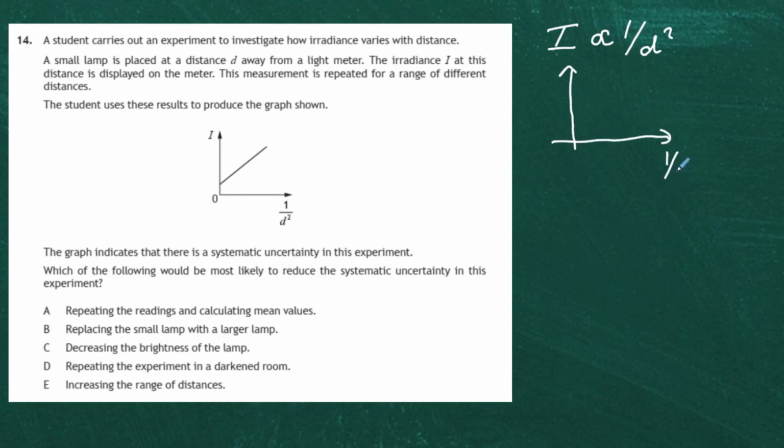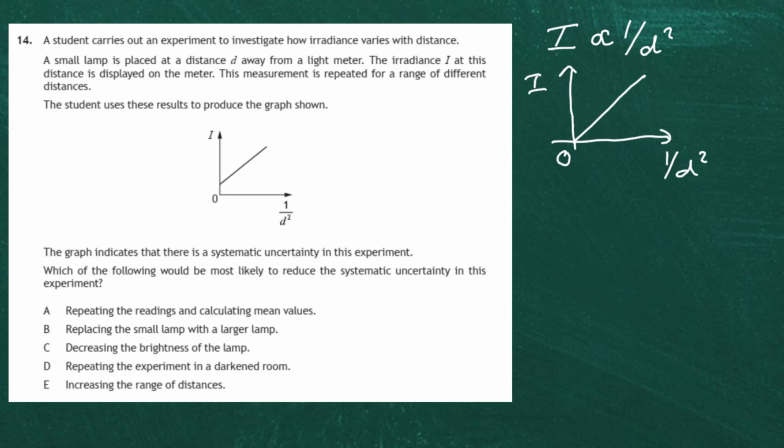If we plot 1 upon d squared against the irradiance, then that condition will only hold if it's a straight line passing through the origin. Now it's plain to see from the graph that the student has obtained that that line's not passing through the origin. Now let's take a look and see why that's the case.